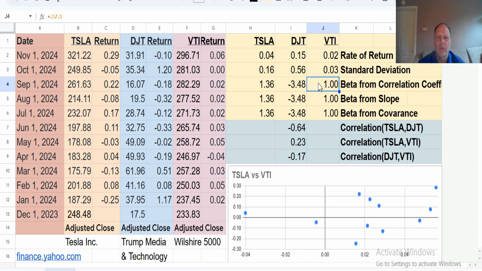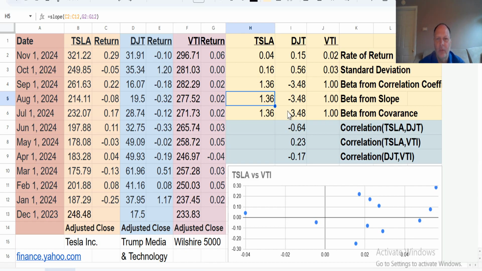You can also get beta from the slope function. If we look at a graph like the bottom one here, this is a graph on the y-axis of Tesla versus on the x-axis VTI. You can see it's a very rough upward slope of 1.36, and you can get that data from the slope function in Excel, the slope of C2 colon C12, again the Tesla return data, comma G2 colon G12, the VTI return data.